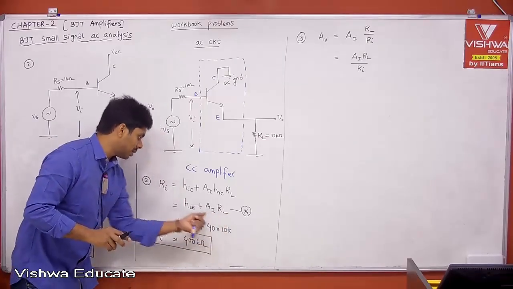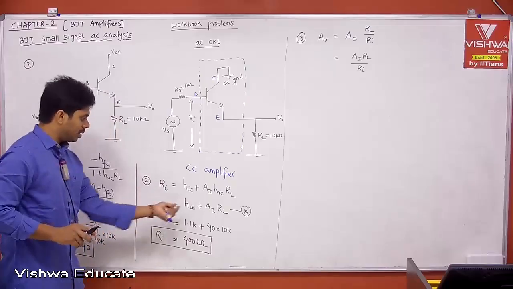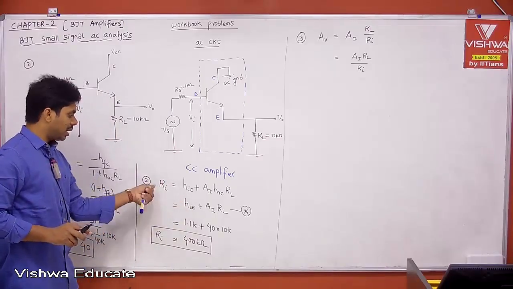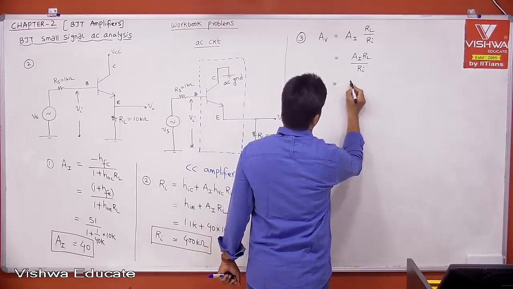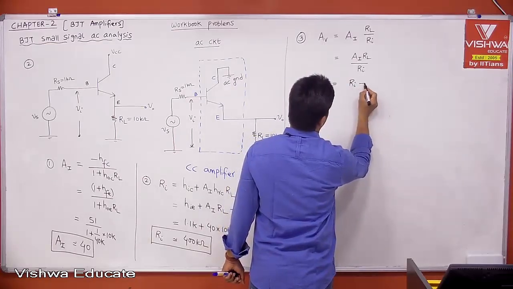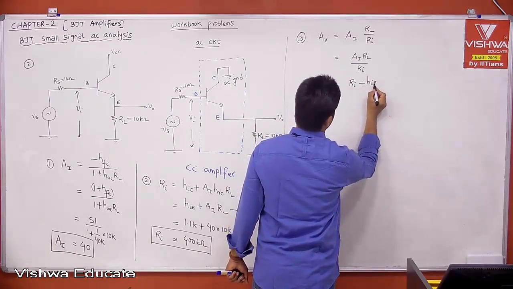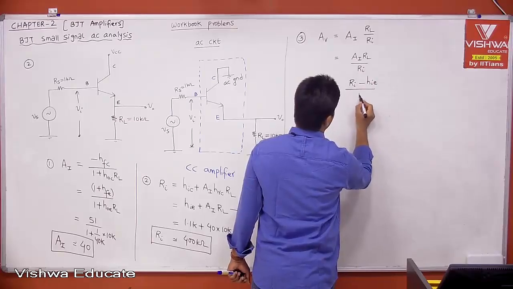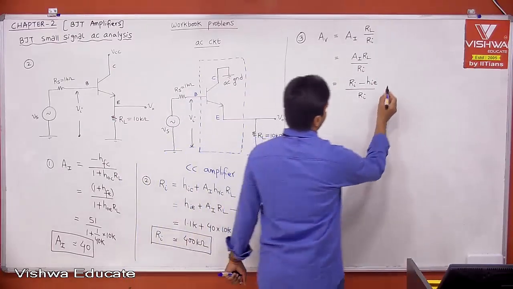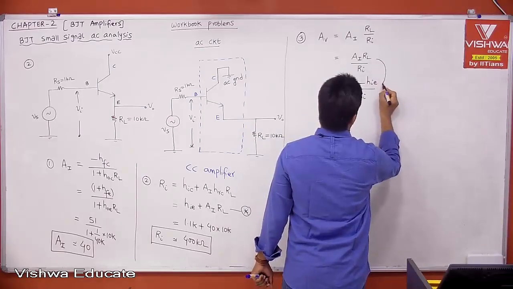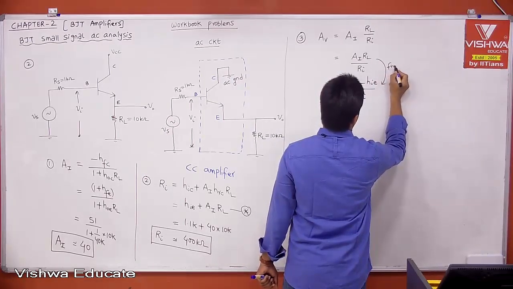AI into RL, can I say it is Ri minus HIE? You can take this HIE to the left hand side. Then AI into RL is nothing but Ri minus HIE, divided by Ri. This is from star.